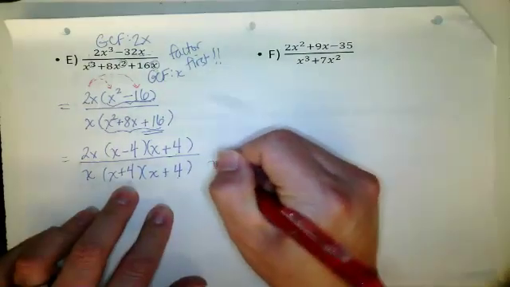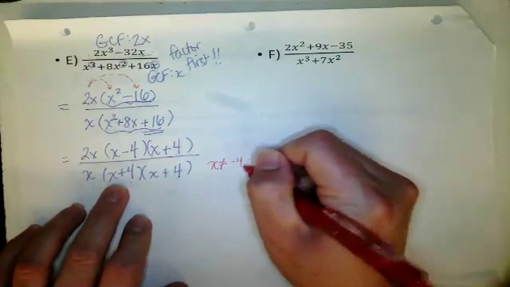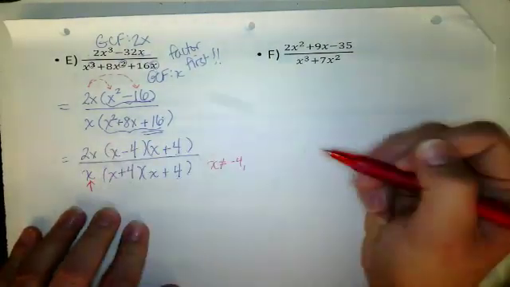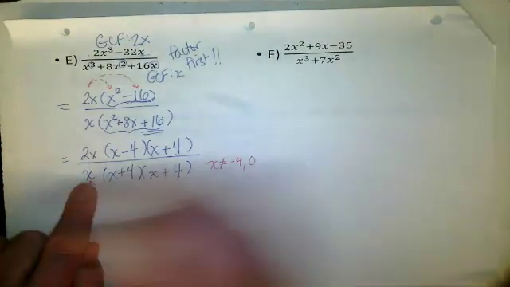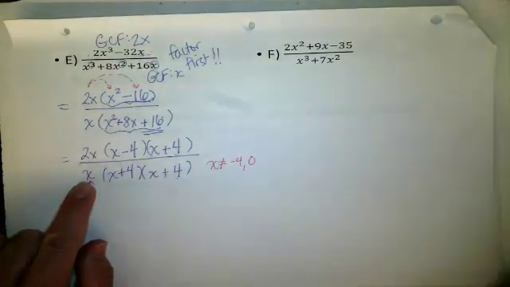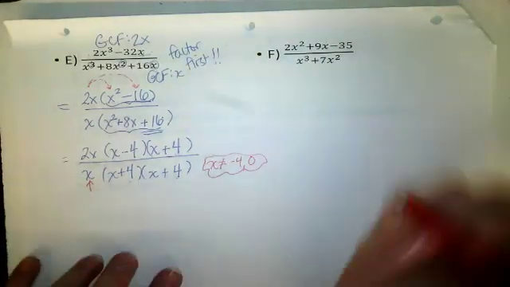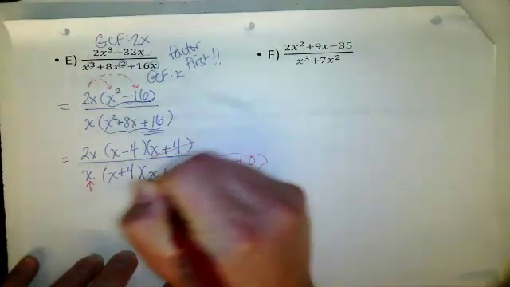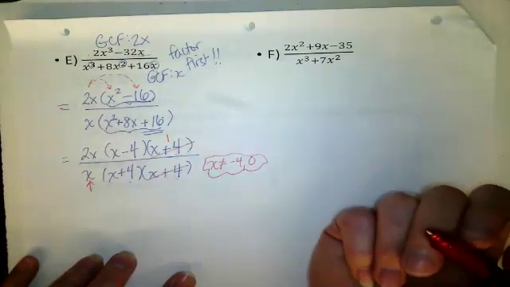Right at this step, what is x not allowed to be? Negative 4. What else? What can I plug in there? 0. Yeah, if you plug in a 0, that's going to make the entire denominator multiply by 0, so the whole thing would be 0. Good. All right, what cancels out here? X plus 4 goes into x plus 4. What time? One time. What else cancels out?